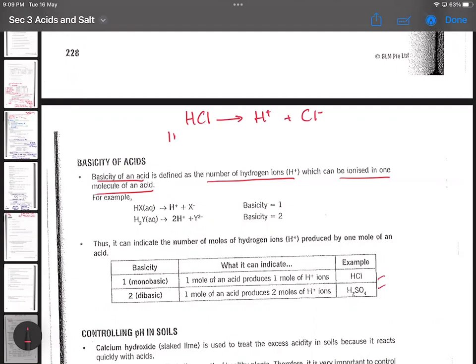So I have one molecule of HCl producing one H plus ion. When the ratio is 1:1, this is called a monobasic acid. That's when you have one molecule forming one H plus.